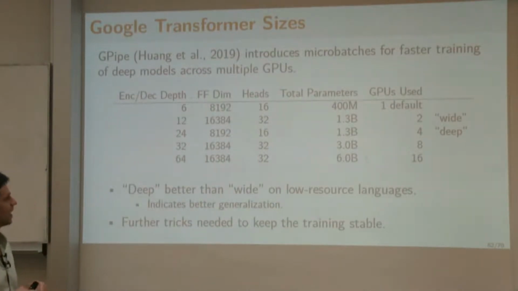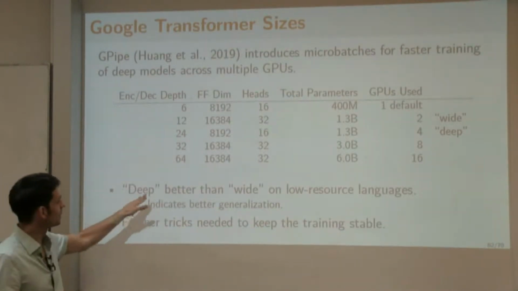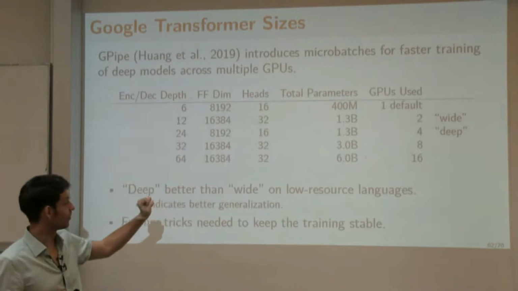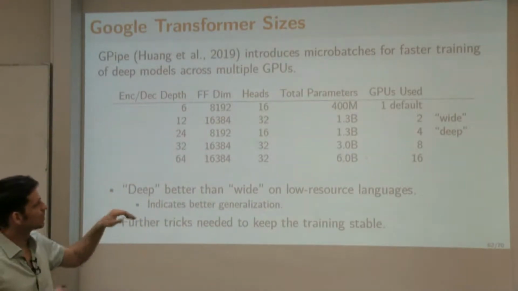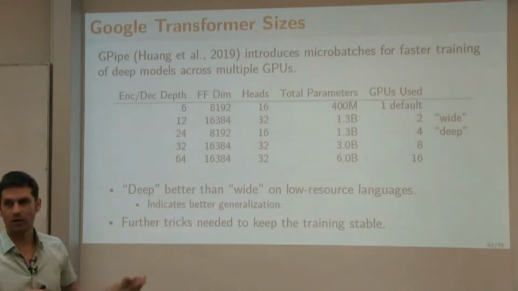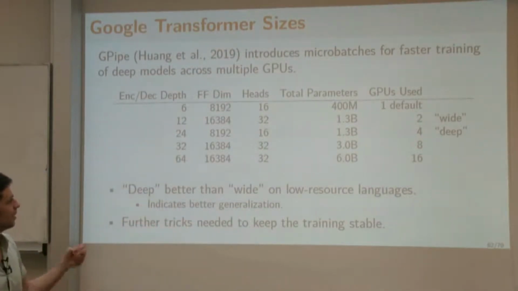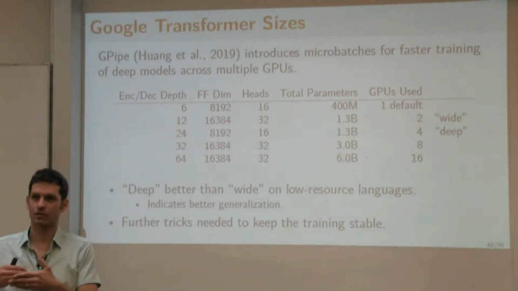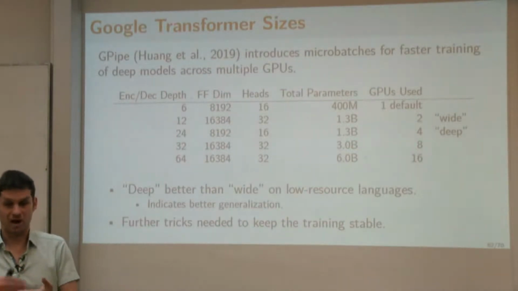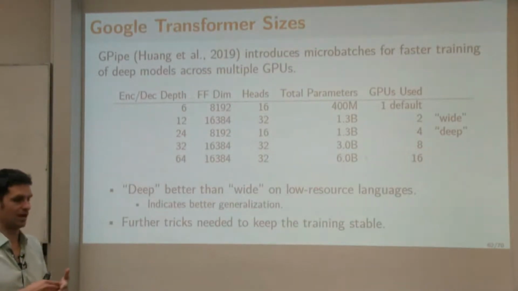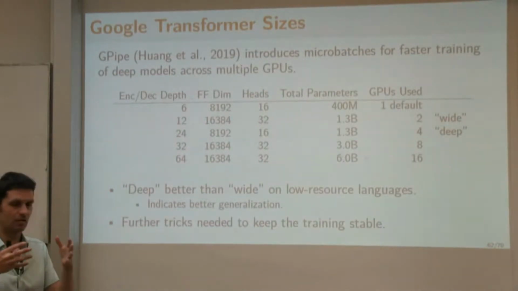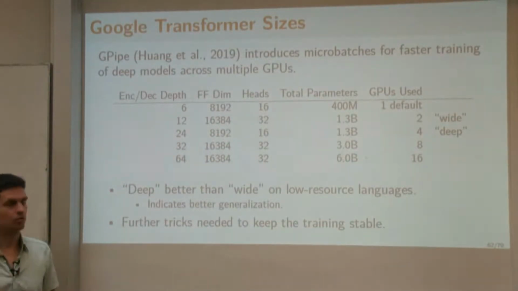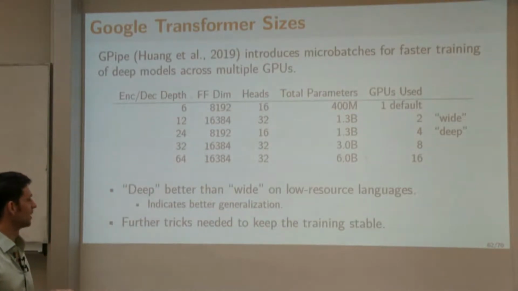And as you will see on the following slide, the deep setup will be better than the wide setup, especially on low resource languages. That's probably because the network has more time to generalize and to construct some generic representation and then to produce the output based on that.